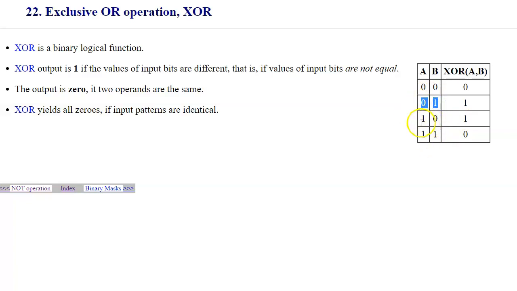So if we have 0 1 and 1 0, which are not the same, they differ, the outcome of exclusive OR is 1. So this is yet another binary logical function, which is very popular in cryptography and computing cryptographic hash values of data.